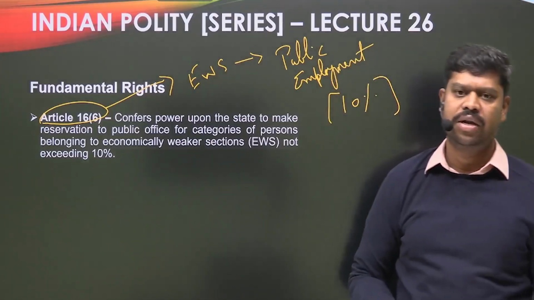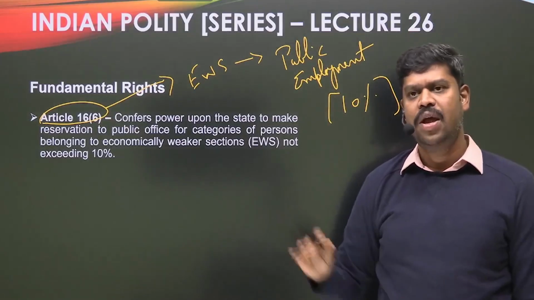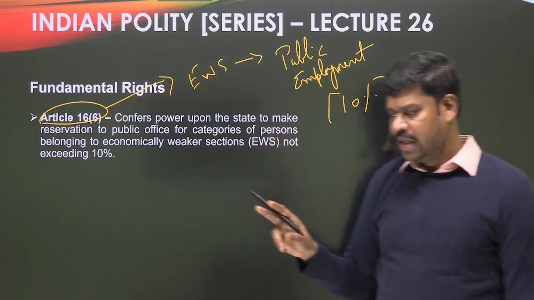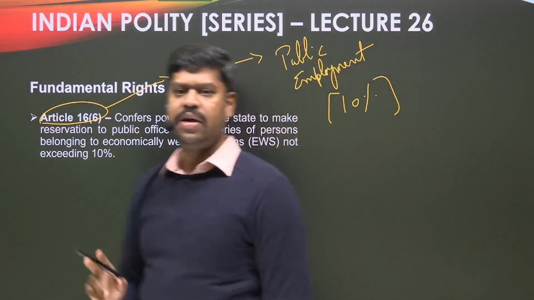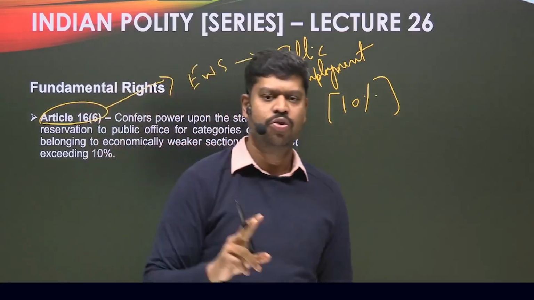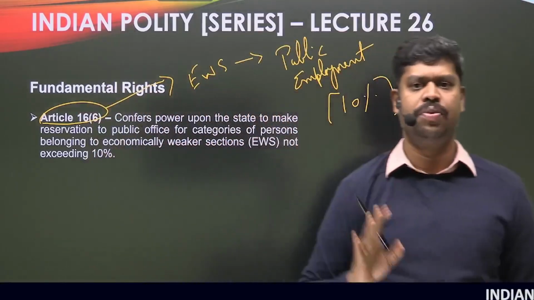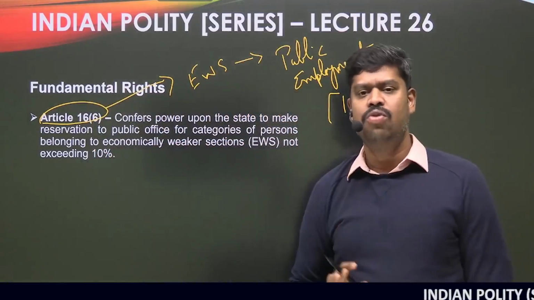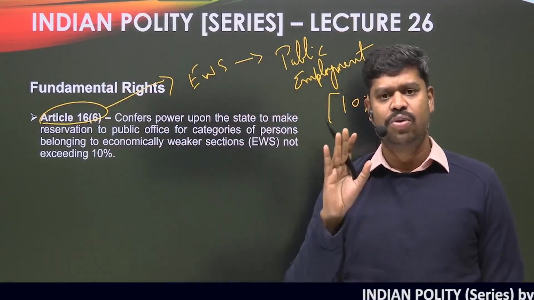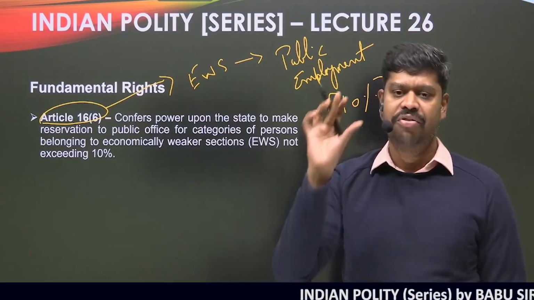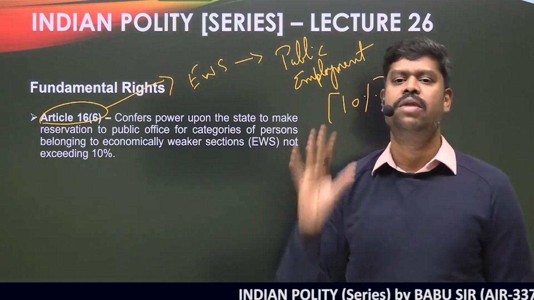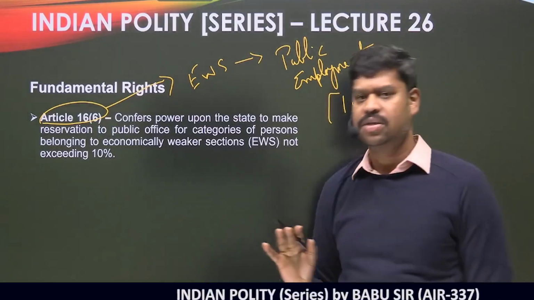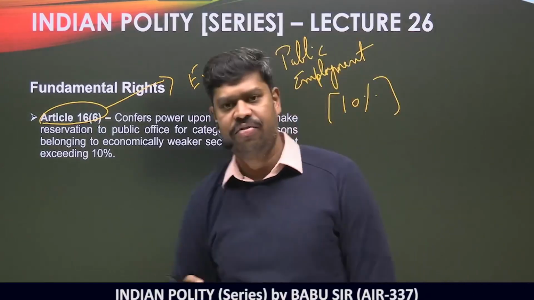So that is Article 16 Clause 6. However, the 103rd Constitutional Amendment Act, which was brought in the year 2019, was challenged in the Supreme Court. And what was the ground on which it was challenged? That it was violative of the 50% rule that was brought in by the Supreme Court in the Indira Sawhney case. Is it violative of the 50% rule or not?